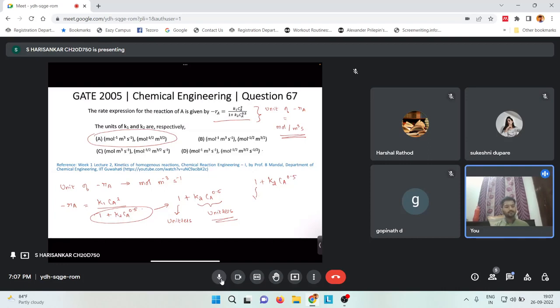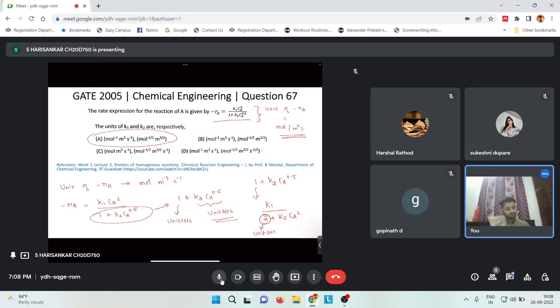Let's say instead you have a reaction rate equation like K1 by 2 plus K2 Ca square. Then again, this 2 is unitless. Basically, any number you see in the denominator of a rate equation should be unitless.